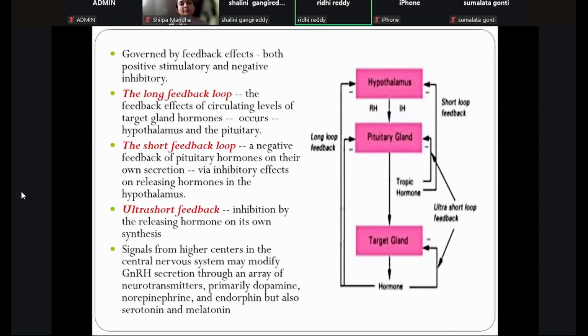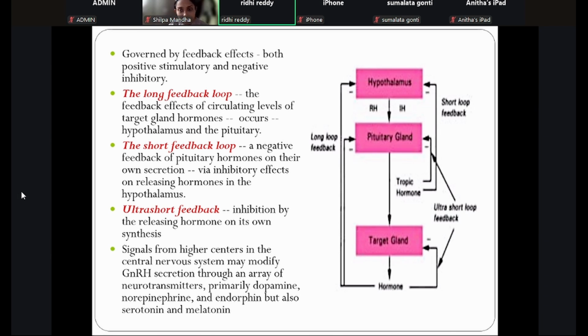Again, this will act by feedback effects between the hypothalamus, pituitary gland, and target gland hormones. There are 3 types of feedback: long, short, and ultra short. Long feedback is from the target gland hormones like estradiol or progesterone, which exert an inhibitory effect on the hypothalamus or pituitary.